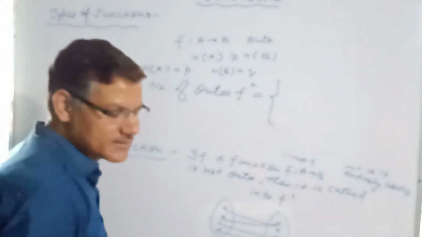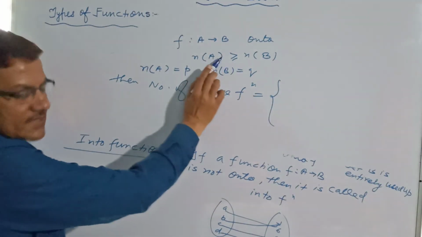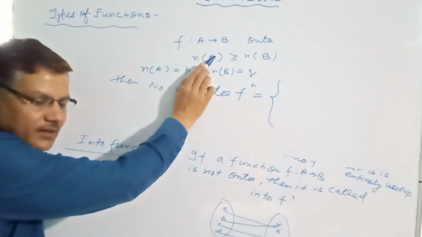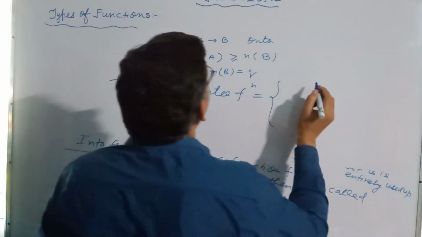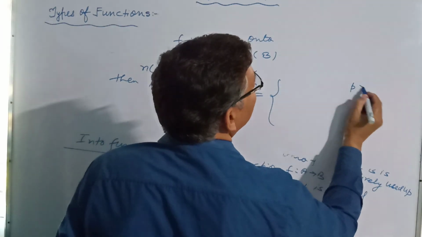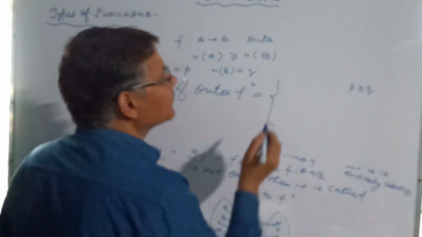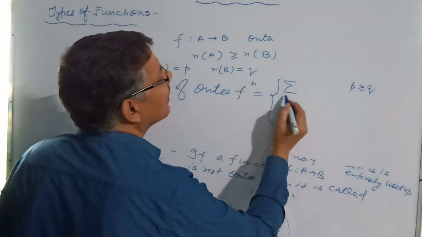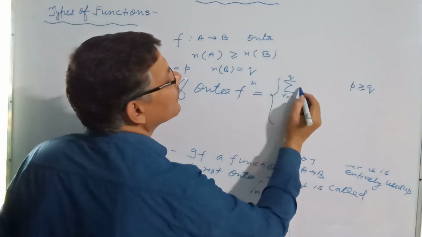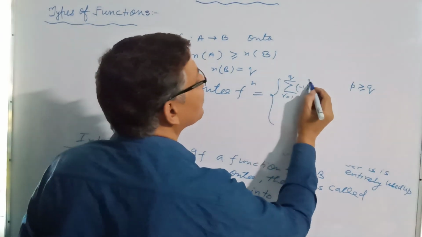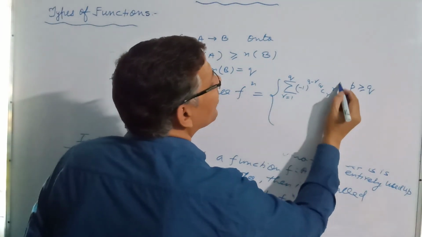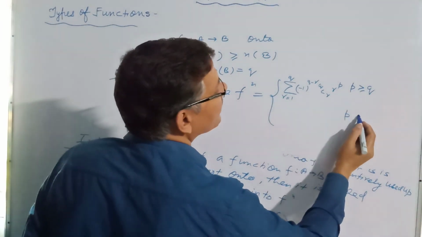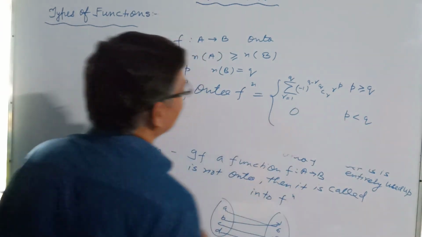When P is greater than or equal to Q, it happens; if it is less, then that is impossible. So if P is greater than or equal to Q, then it is sigma r equal to 1 to Q of (minus 1) power (Q minus r) QCr, and that is r power P. And if P is less than Q, then 0.